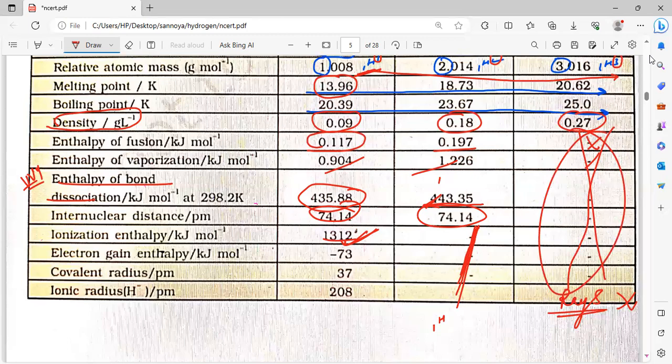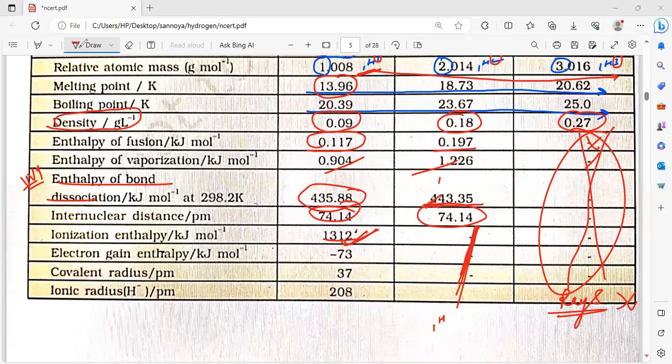Hydrogen, deuterium. Maybe its study is not required for this one. That is why they didn't perform the experiment, so they didn't give it. That may be the reason. Or the ionization energy may not exist. Something like that may be the reason. I'll find out and I will tell you.